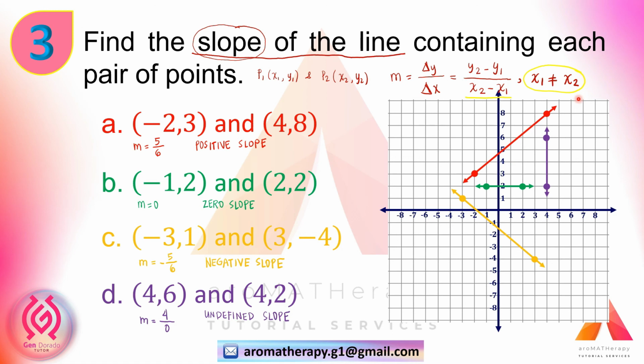Positive slope, negative slope, zero slope, and undefined slope. And this is the formula for the slope. Again, y sub 2 minus y sub 1 over x sub 2 minus x sub 1 such that x sub 1 is not equal to x sub 2. Kasi alam niyo naman kung ano yung mangyayari kapag mag-equal si x sub 1 at si x sub 2. Undefined slope siya, okay?